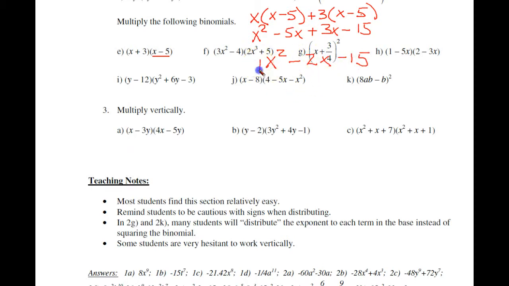Now this becomes a trinomial that we have gotten as a result of multiplying two binomials. This is the factored form of this trinomial.